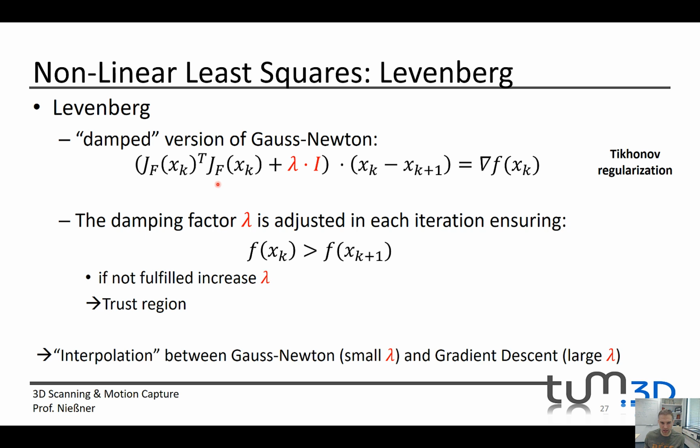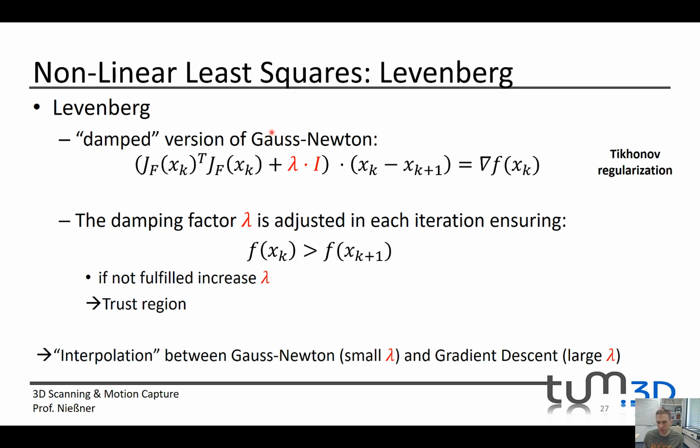So in this case, you're applying a regularizer to it here that dampens the Gauss-Newton. So what this means is you just have plus lambda times I here. This is the identity matrix, and we're just adding the identity matrix to the diagonal. This is often called Tikhonov regularization.